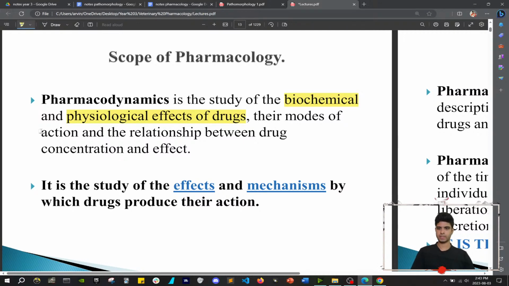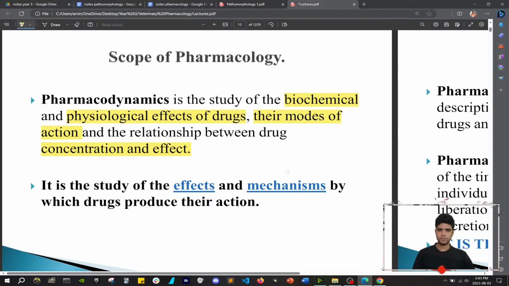And then modes of action, and then the relationship between drug concentration and effect. Drug dosage and effect, I guess. So modes of action as well. This is the dynamics part of the thing.